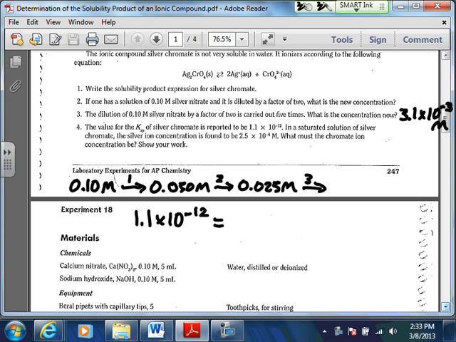This has to be squared because the Ag concentration is squared in our equilibrium expression. Then we're trying to find the CrO4 2 minus, and that's what we're actually trying to find here. What must the chromate ion concentration be? Fairly simple algebra here.